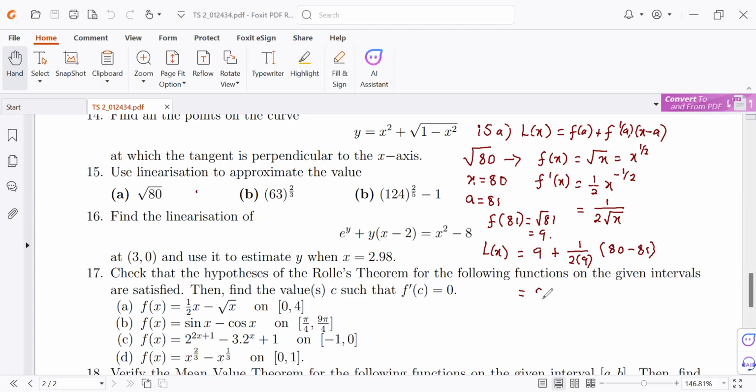So we get 9 plus 1 over 18 multiplied by -1. You should be able to simplify this. This will be 9 by 18 minus 1 over 18. This should be the approximate value of root 80. I think it should get down to 8.94 if you round off, when you check.